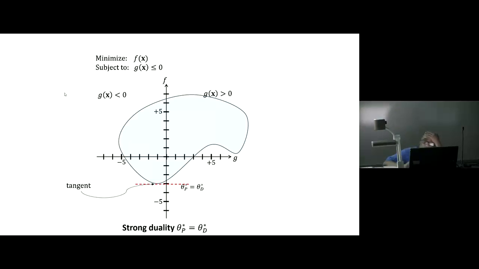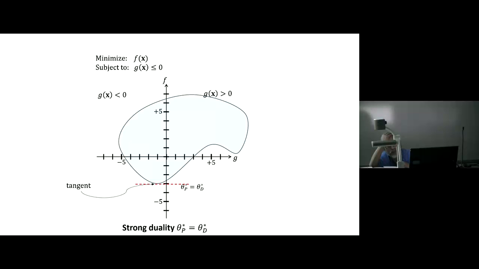Okay. I have a question. We are actually making a plot between f of x and g of x. Correct. So these x are actually the variables that we need to find the optimal point. Like we change the values of x and lambda. Yeah, correct. So this optimization point theta, shouldn't it be x rather than theta?